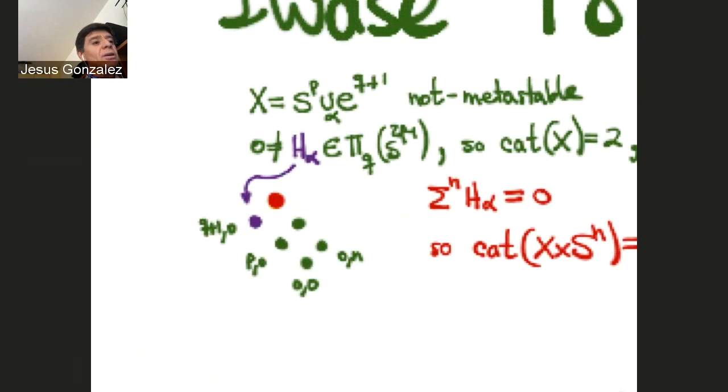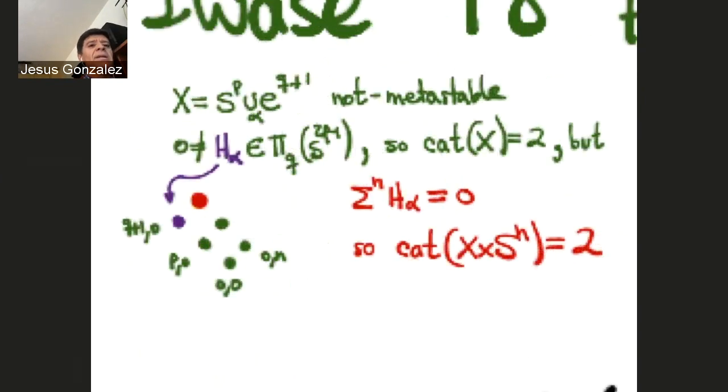It turns out that the obstruction for remaining 2 is 0, because, and this is the main work of Iwase, this obstruction is just a suspension of the previous obstruction. So the obstruction is 0, and you get that the category of the Cartesian product stays 2, just as the category of X.